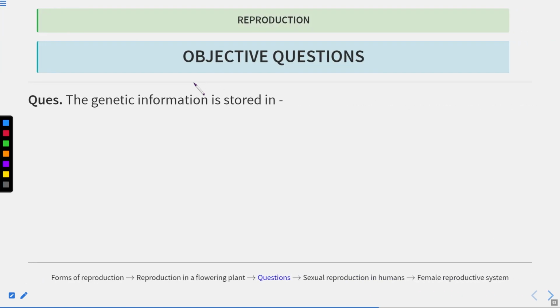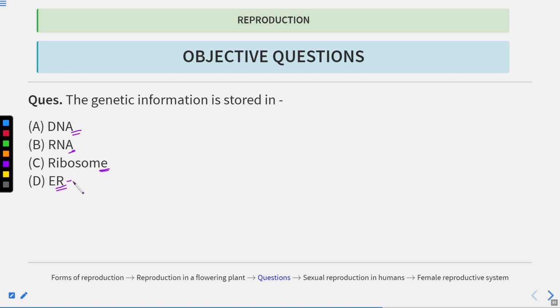The next question is, the genetic information is stored in, and the options are DNA, RNA, ribosome, or endoplasmic reticulum. Okay, so DNA is deoxyribose nucleic acid, RNA is ribose nucleic acid. Ribosomes are the organelles that are involved in protein synthesis, and ER is the endoplasmic reticulum.